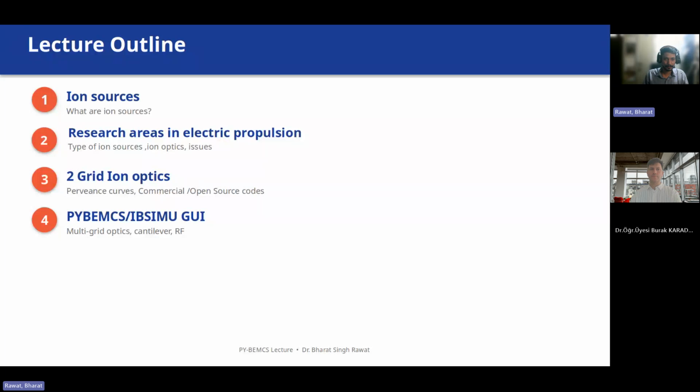And then I would introduce the two tools that I'm working to develop. One is PY-BEMCS, which is a Python-based PIC code for designing ion optics, and the other one is an IBSIMU-based GUI. The backend in this is a very well-known code called IBSIMU, which is used for designing ion sources and beamlines.